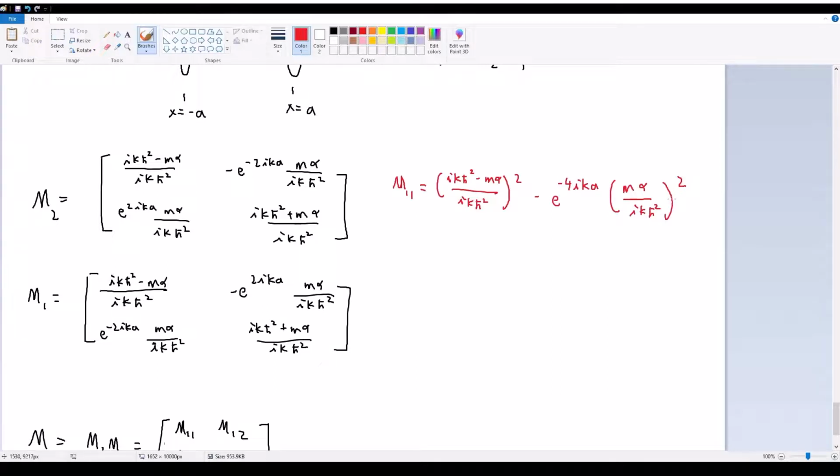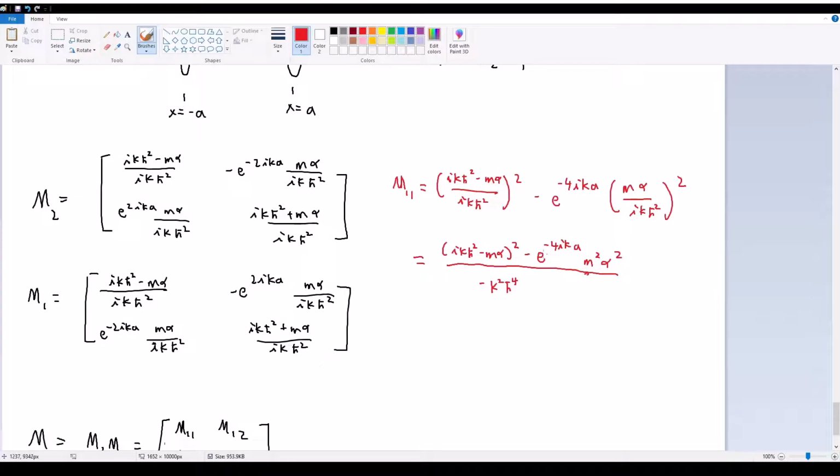And then, let's see, there should be a few things that we can cancel out. Immediately, I see that these two fractions share the same denominator. So I can combine everything and I get negative k squared h bar fourth at the bottom. And then at the top, I'm going to get (ik h bar squared minus m alpha) squared minus e to the negative 4ika times m squared alpha squared.